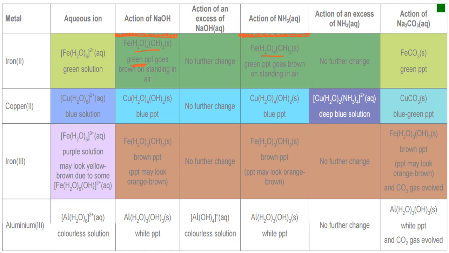So the green precipitate is no longer green at the top, it's brown. And it's this brown here, because what's happened is that this iron 2 has oxidized into iron 3, which is this one, which is brown. And that's what happens when it's in contact with the air.